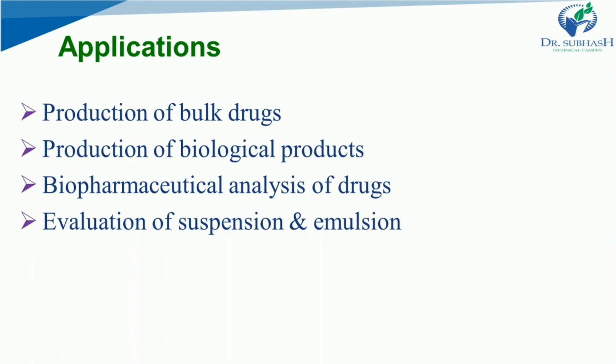You can speed up this process by inducing stress conditions using a centrifuge, right? Because creaming is slow, you can speed it up with a centrifuge. A stable emulsion should not show any sign of separation even after centrifuging at 2000 to 3000 rpm, that is revolutions per minute, at room temperature, right?